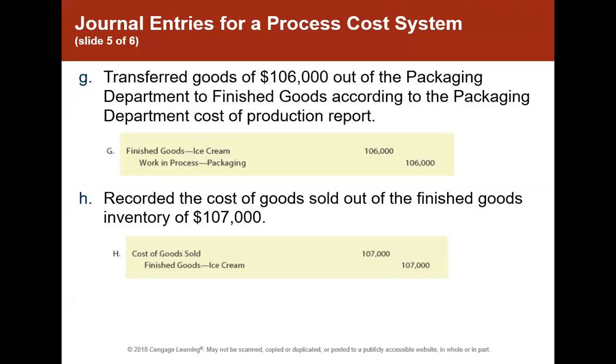And then from your packaging department, 106,000 were finished, so we credited those from packaging and debited finished goods. So your cost flows are the same. What you're debiting and crediting, you just have to break it down into more than one work in process. And then cost of goods sold still gets debited and finished goods get credited for what we sold in the month.